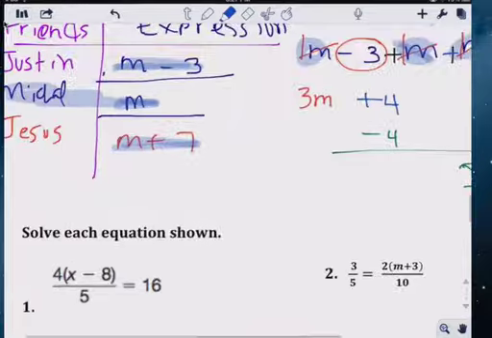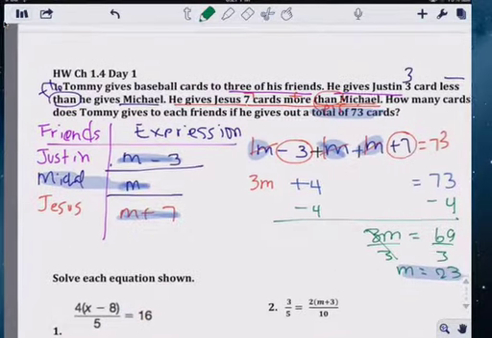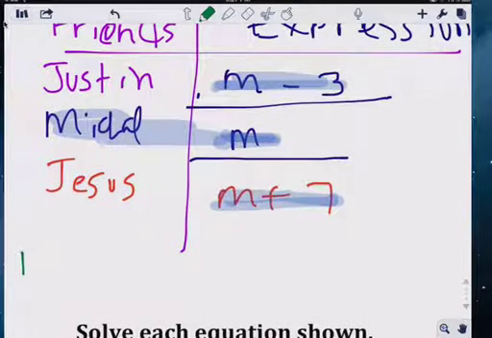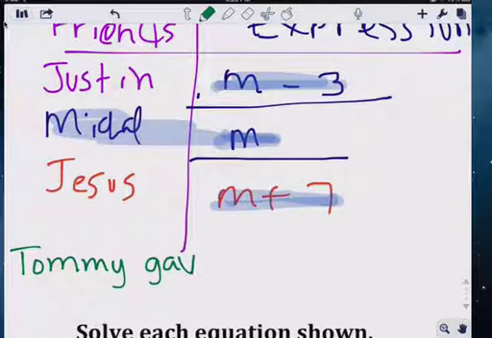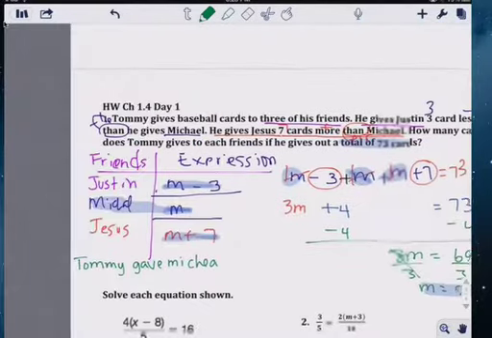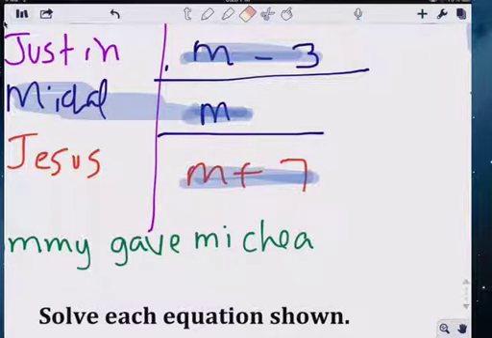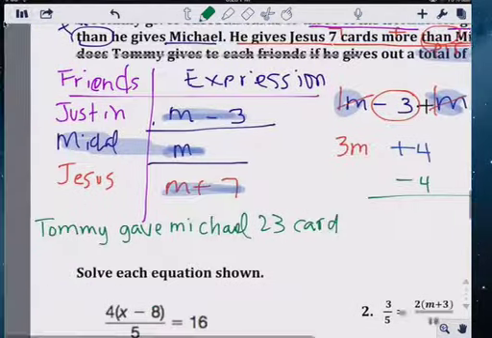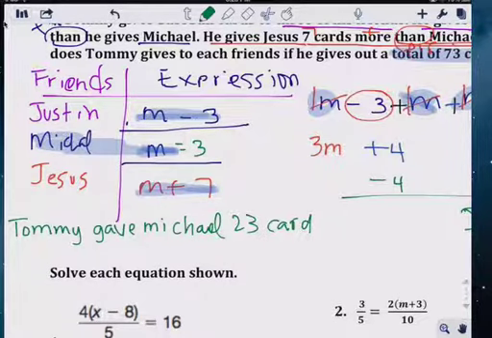So we know that Michael has 23. Tommy gave Michael 23 cards.